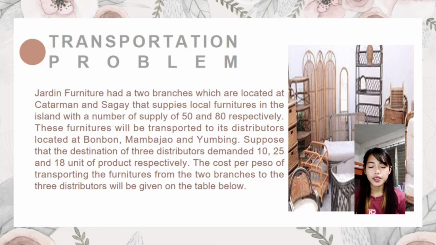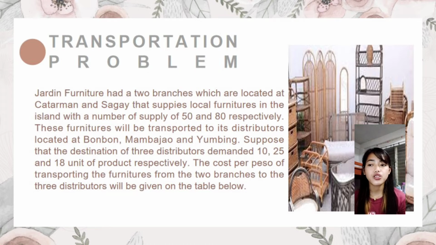shipments. So our problem is: Hardin Furniture has two branches, located at Katarman and Sagay, that supply local furnitures in the island with a supply of 80 and 50 respectively. These furnitures will be transported to its distributors located at Bunbon, Mambahaw, and Yumbing.